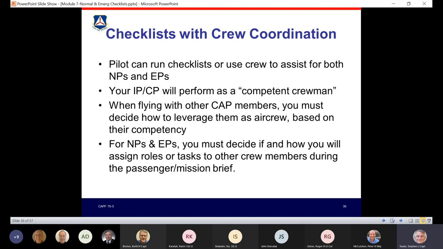And that's what makes, I think, our operations very challenging, and actually makes them possibly a little harder than something like the airline situation, where people are bringing their A game every day because they're flying a lot and they've got procedures that they just hone to a very sharp edge.